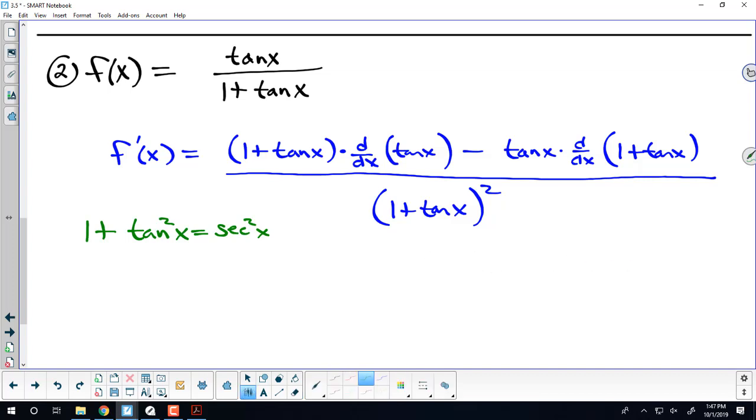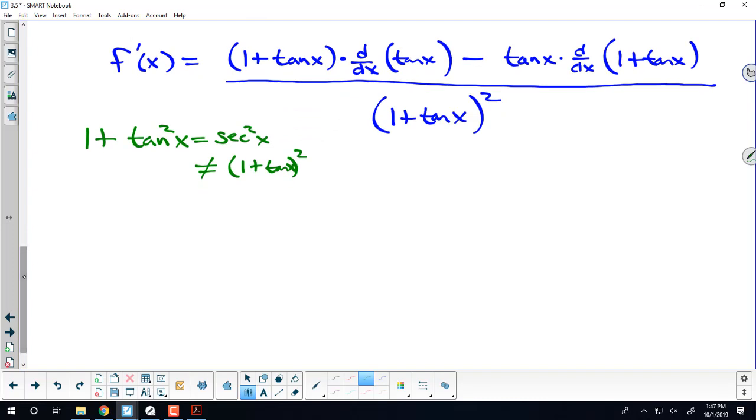Okay. We're right here. There's tangent x squared. Okay, so let's compute the derivatives here from our quotient rule. 1 plus tangent times the derivative of tangent, which is what?